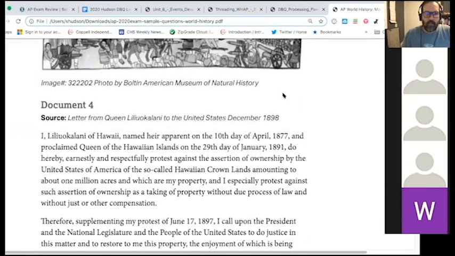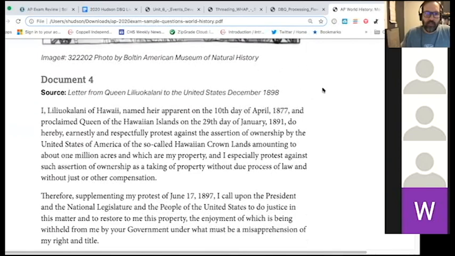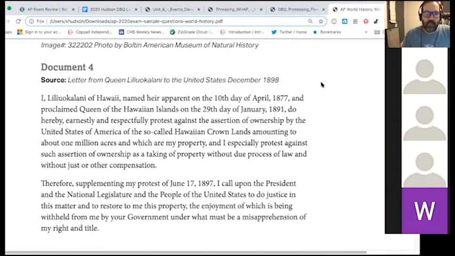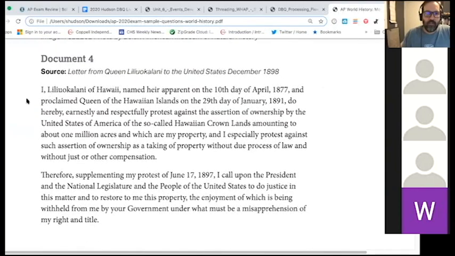All right, document 4, letter from Queen Liliuokalani to the U.S., December 1898. She's the queen of the Hawaiian Islands. Okay, so I, named heir apparent, blah, blah, proclaimed queen, do hereby earnestly and respectfully protest against the assertion of ownership by the U.S. of the so-called Hawaiian Crown Islands, amounting to about 1 million acres, and which are my property.